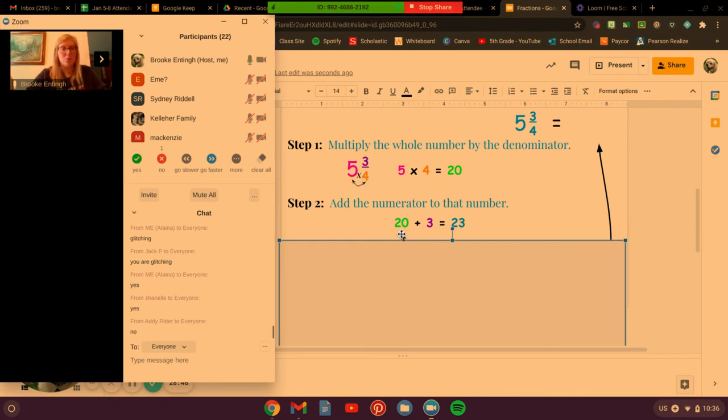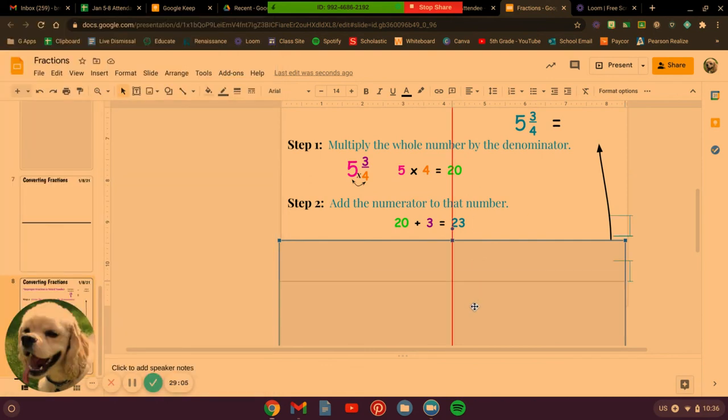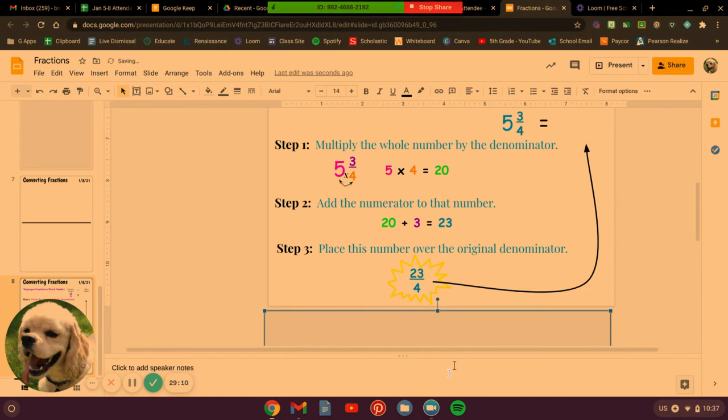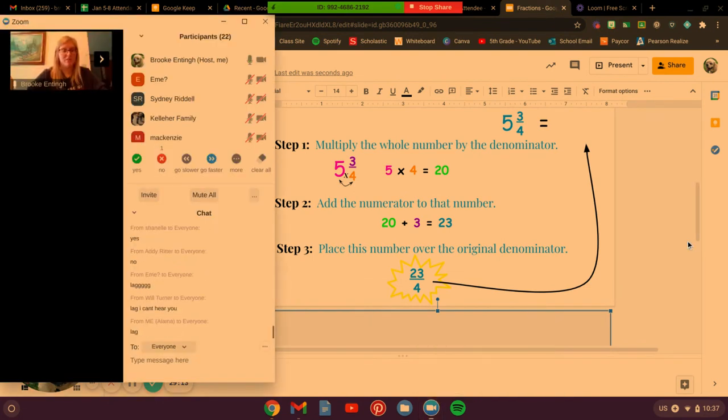So we would take the 20 plus the 3, and we would get 23 to figure out how many total pieces in this entire mixed number. And then we would take the total number of pieces and put it over the original denominator.